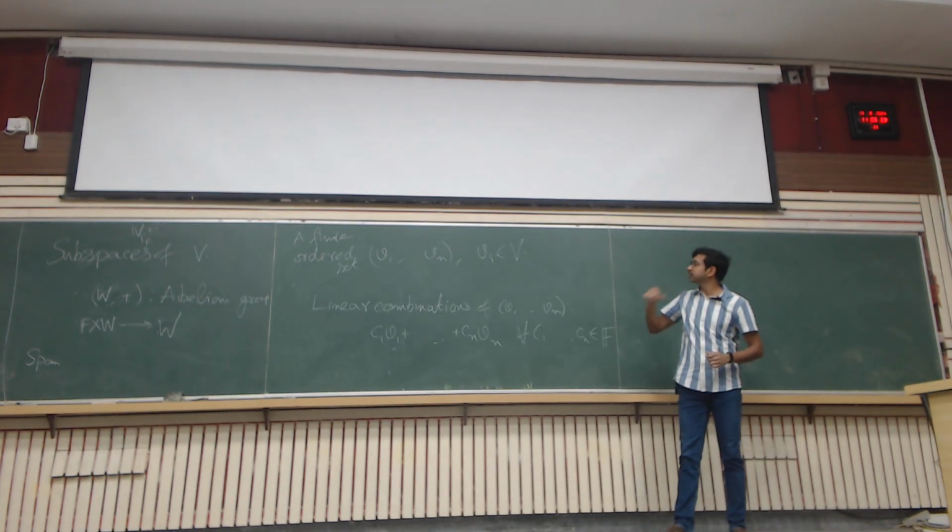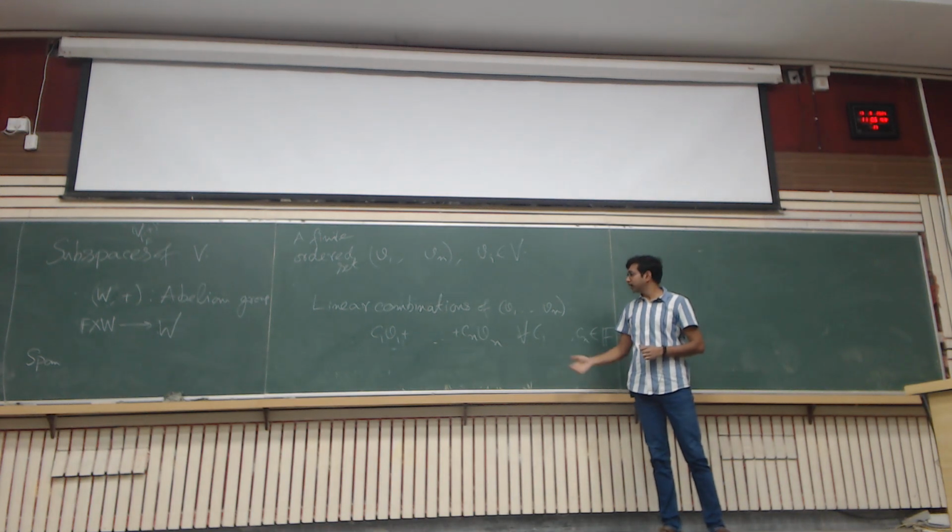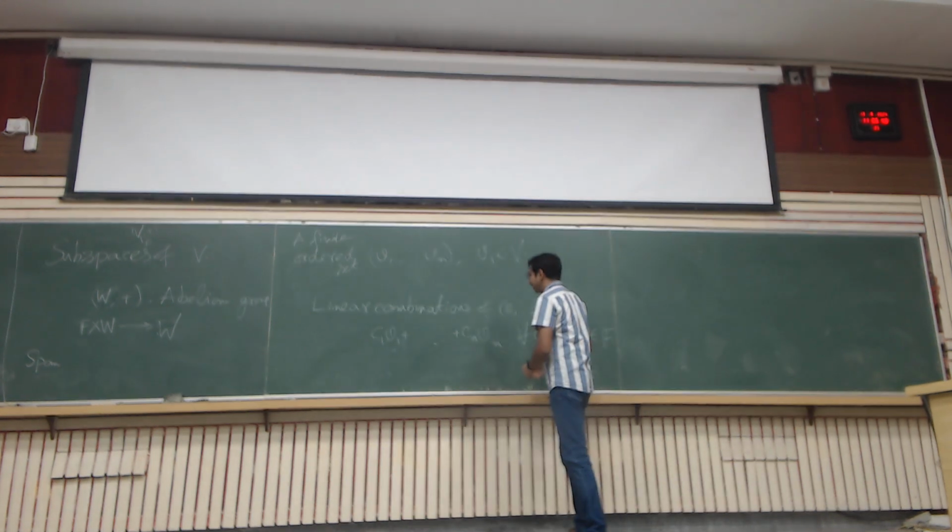So you have a finite set of vectors in V, and this is the set of all linear combinations.